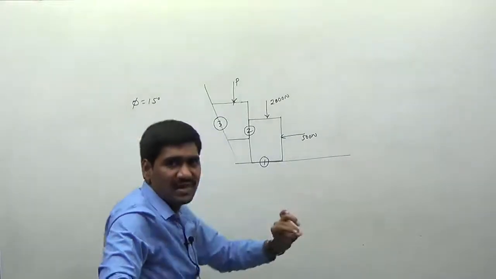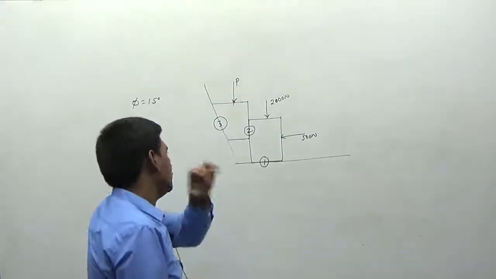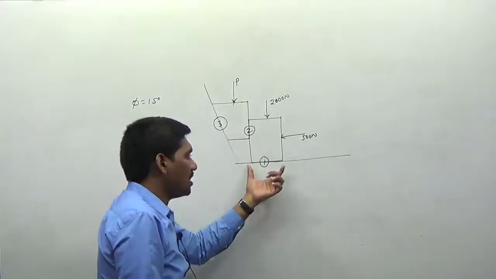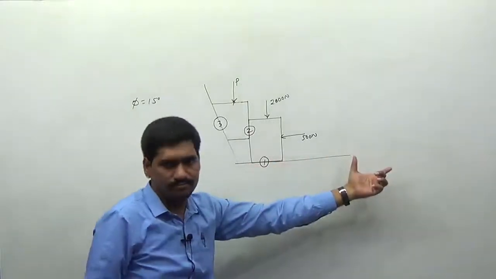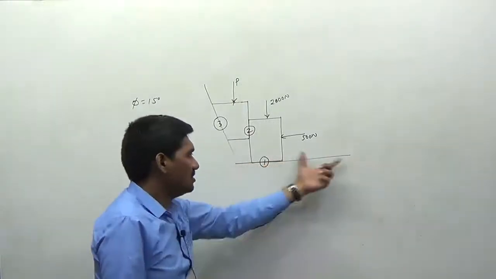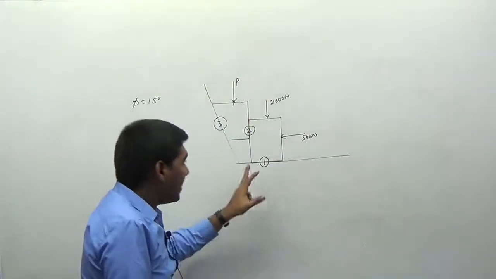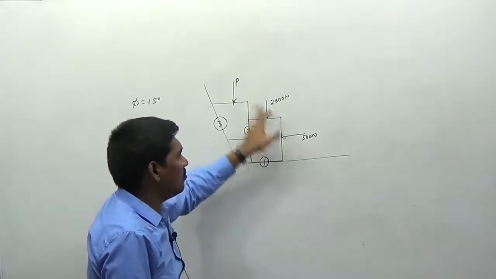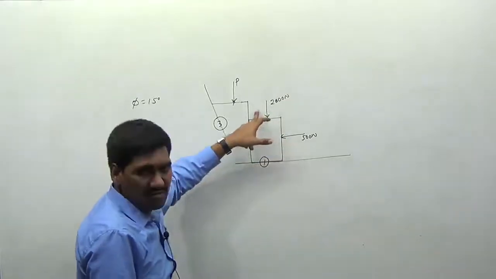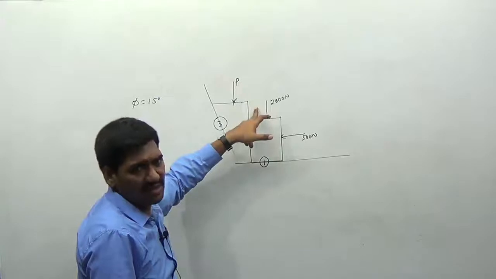The main motto of this arrangement is that I want to move this block towards the right, so I am applying the force in the downward direction. On this block we have two weights. I think this is the weight of the block, so it is acting in the upward direction. Nothing to worry about that.